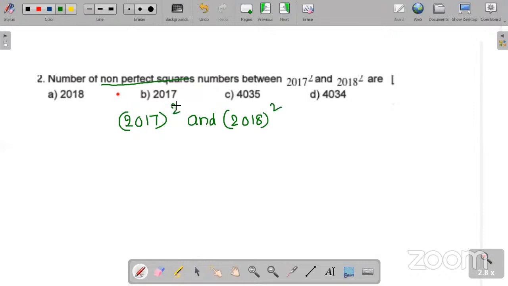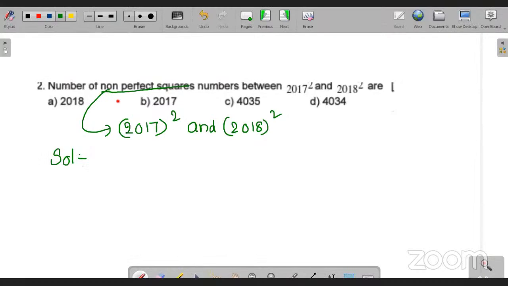My dear students, we need to find out the number of non-perfect squares between 2017 square and 2018 square. Do you have any idea?